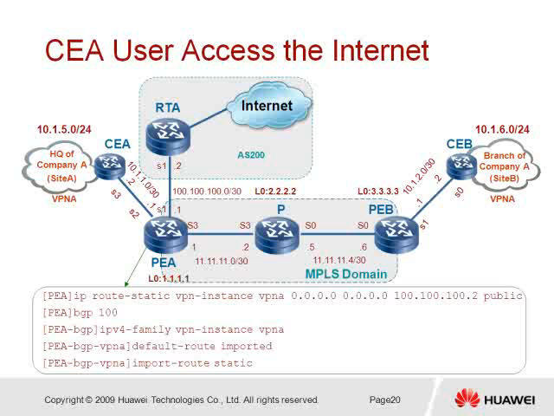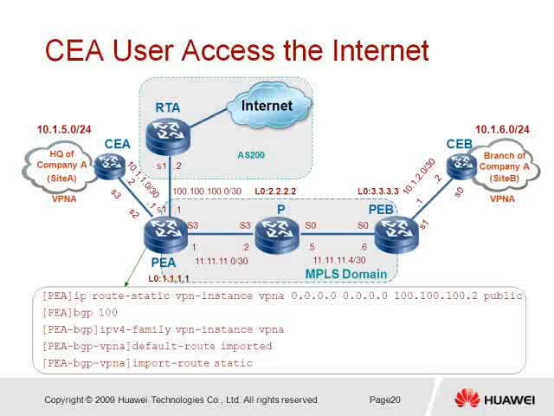The keyword public expresses that the next hop address is resolved by the public routing table, not the VPN instance. BGP 100, IPv4 family VPN instance VPNA. These two commands are used to enter the BGP VPN instance VPNA view.